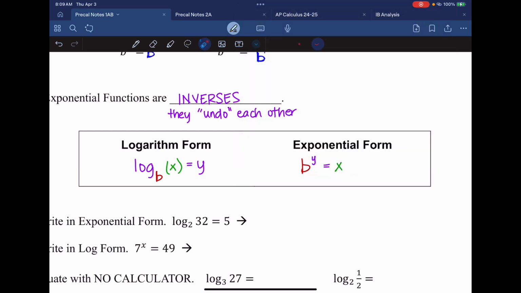This is why it's used to solve. If I have an equation where this x is stuck inside the argument of this log, the only way to get it out of there is by rewriting it in exponential form.